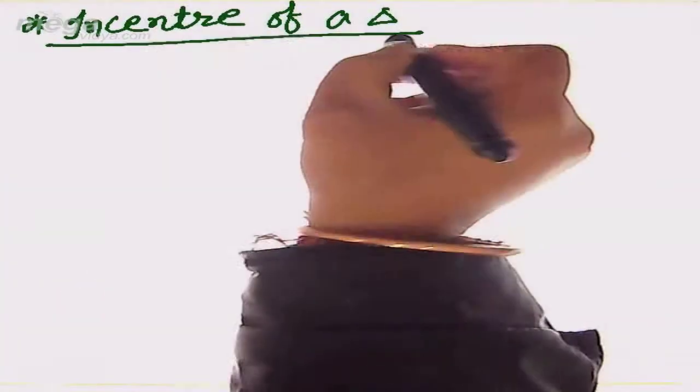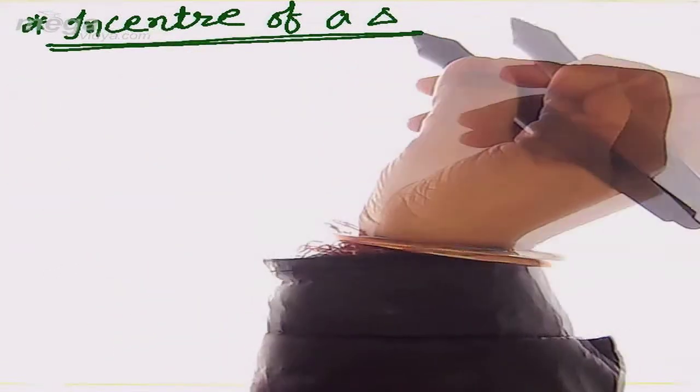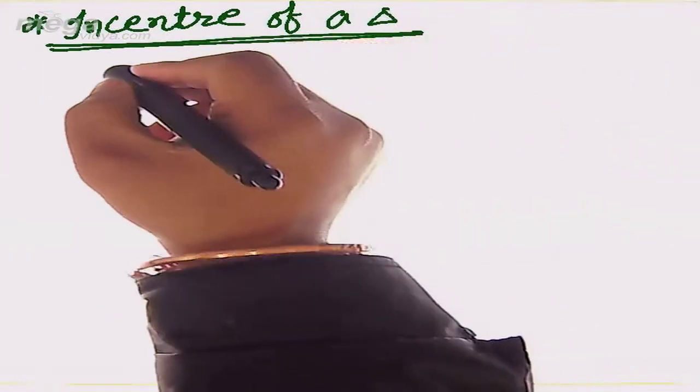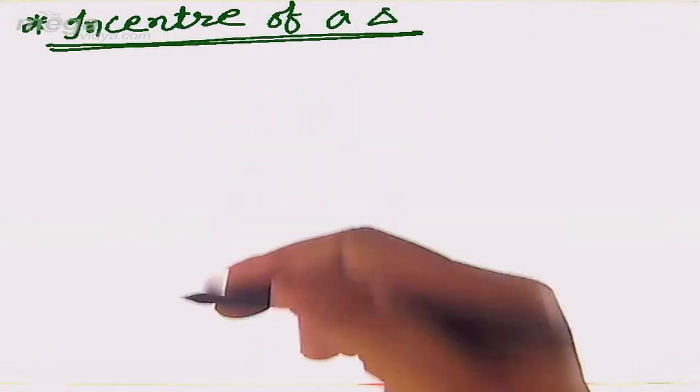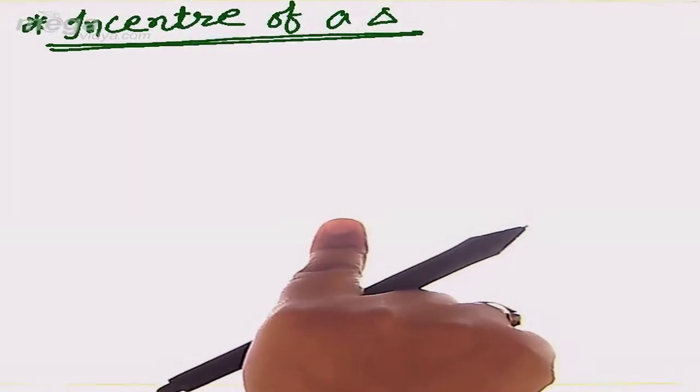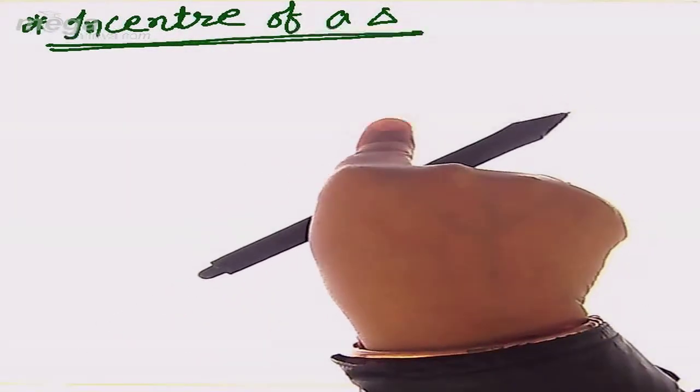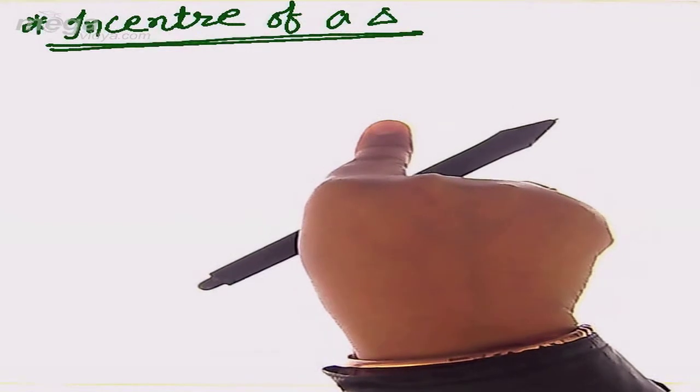Now I am taking the incenter of a triangle whose vertices are given as (x1, y1), (x2, y2) and (x3, y3). Here also the question is, what is the incenter of the triangle? For the centroid, we saw that it is the point of intersection of medians.